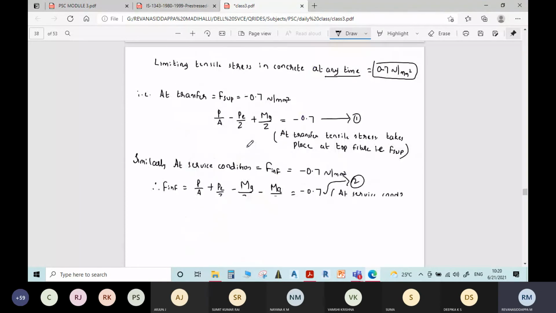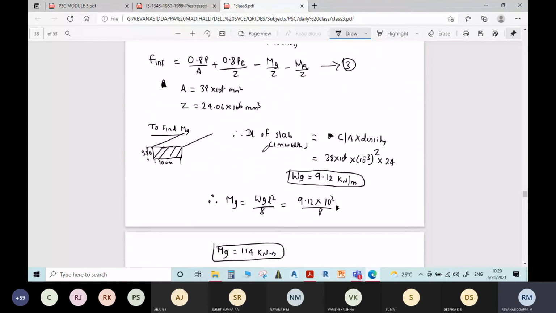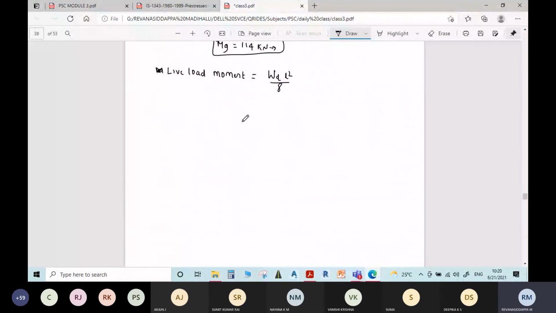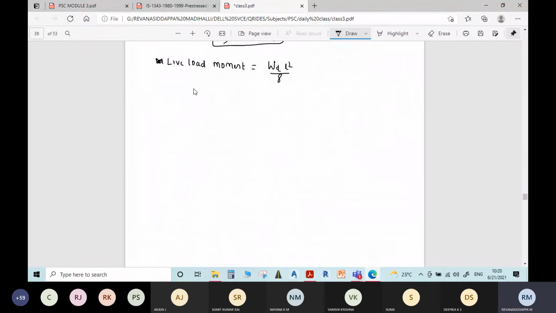Therefore wq is equal to 25 into 1 meter width of the slab, and you will get the intensity of the load as 25 kilonewton per meter.